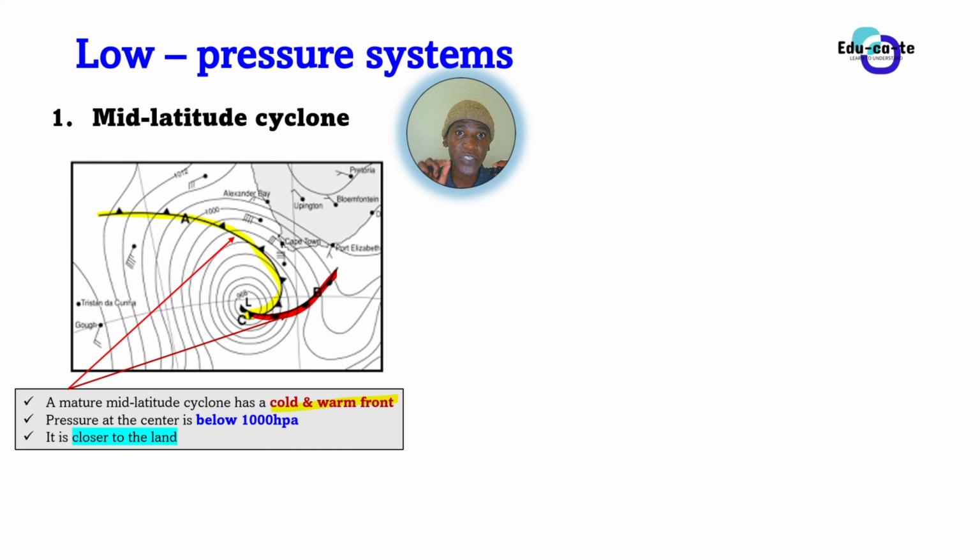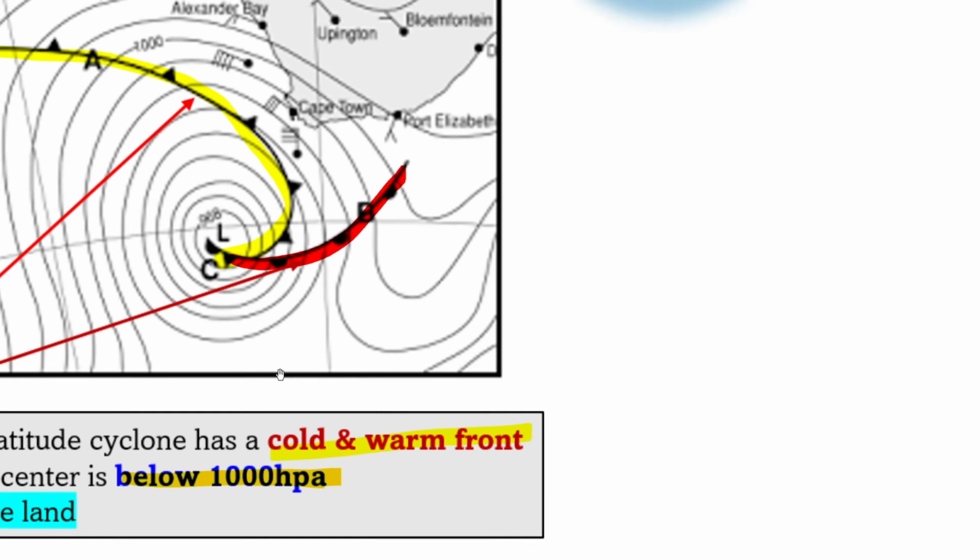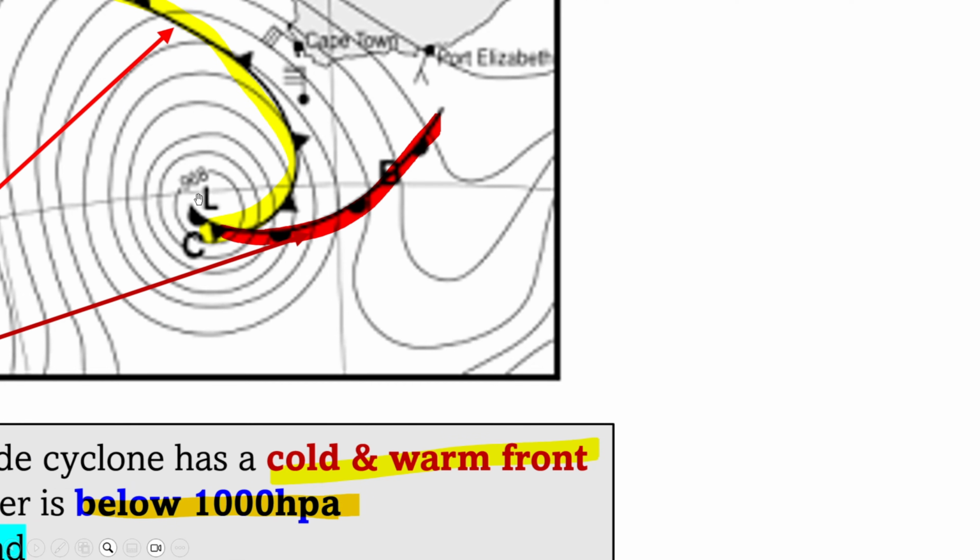Remember that you need to take down the evidences straight from the diagram. The diagram must depict that you've got a cold front as well as a warm front. Now the pressure at the center of a mid-latitude cyclone must be below 1000 hectopascals. If you zoom into the pressure, we are talking about the atmospheric pressure at the center.